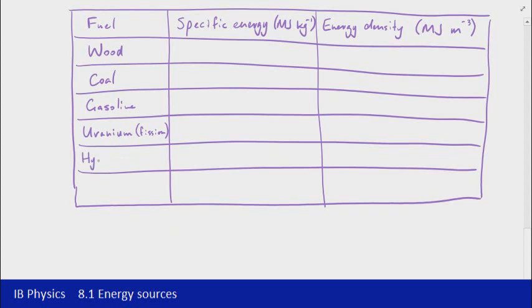We can look at hydrogen fuel sources, and in this case not the burning of hydrogen, but looking at it from a fusion perspective. Now I'll point out there that fusion isn't actually economically viable yet. We haven't been able to get fusion to be sustainable, and so this is just a theoretical or projected value for specific energy and energy density.